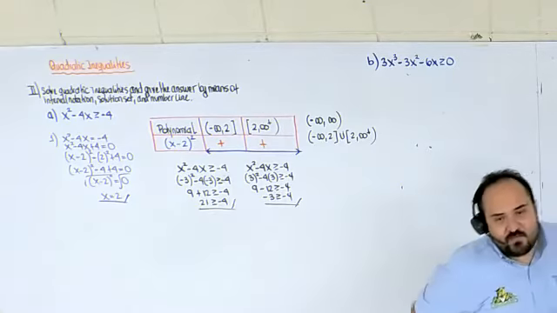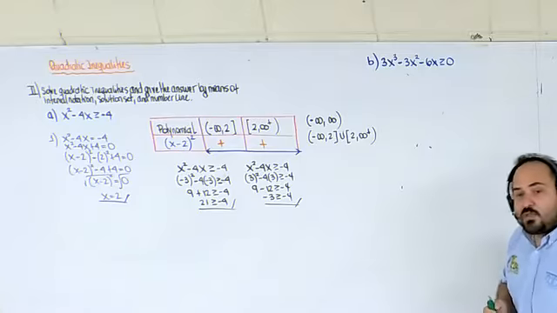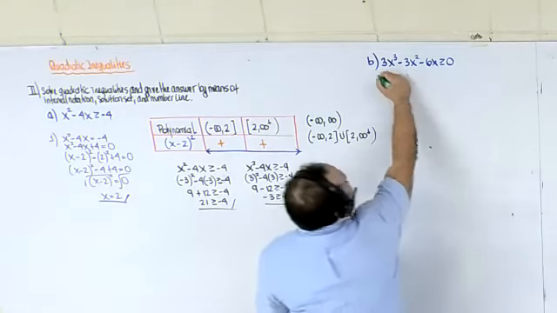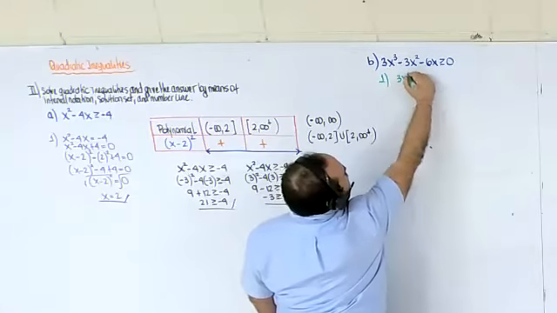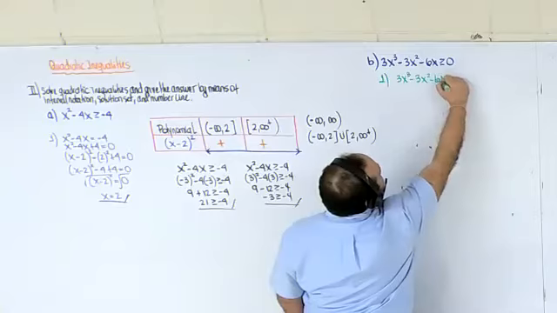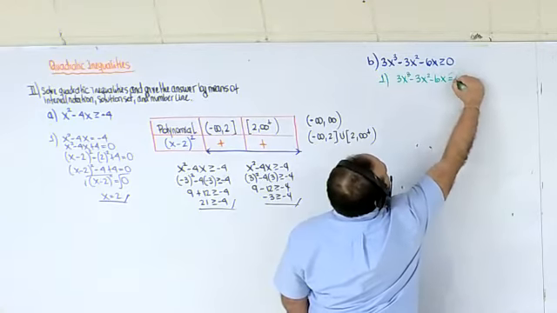Remember, the first step that we have to accomplish in this situation is to turn the inequality into an equation. I'm going to label it step number 1. We got 3x cubed minus 3x squared minus 6x greater than or equal to 0.